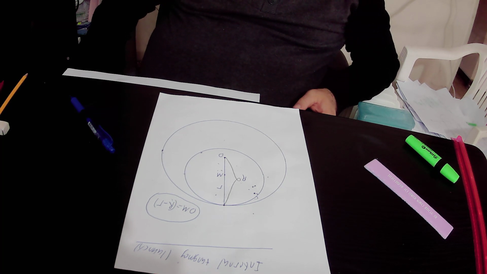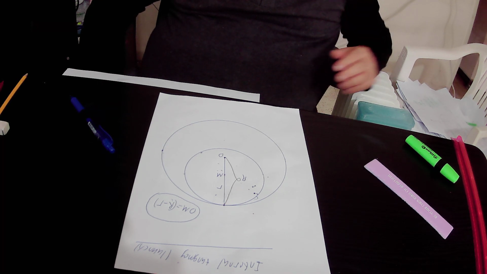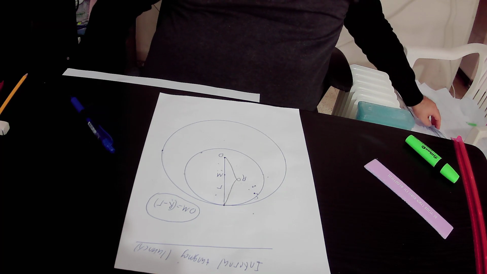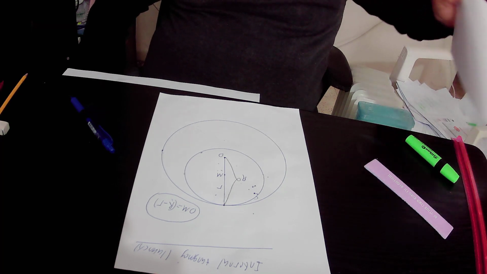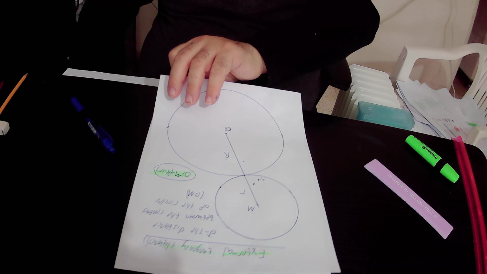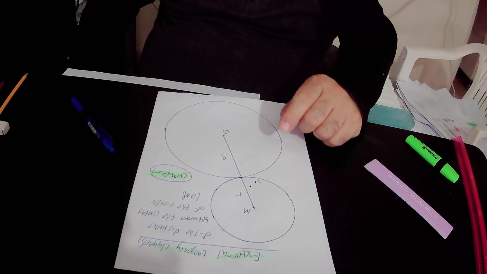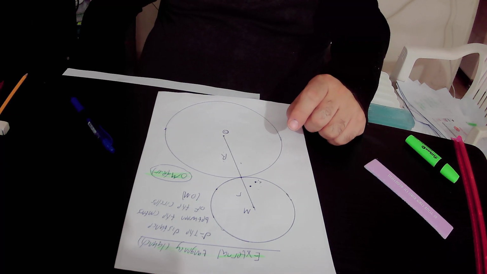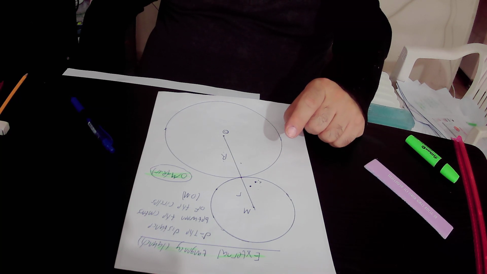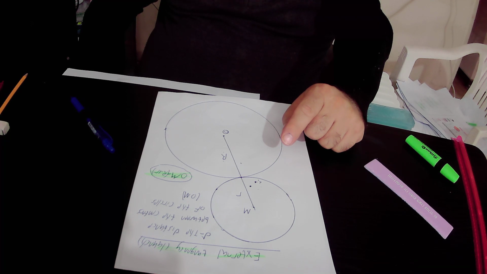So we'll summarize the two new rules, and we'll say that whenever there is an external tangency between two circles, that is to say the two circles are touching each other externally, then the distance between their centers will be equal to the sum of the lengths of the radii of the two circles.